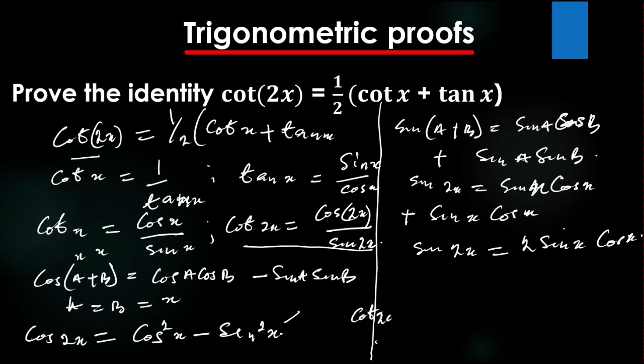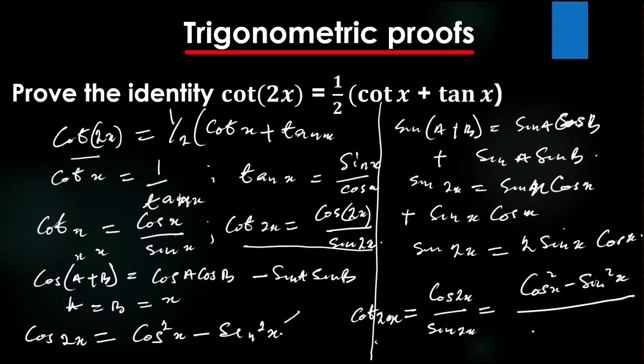Cot 2x is the same thing as cos 2x over sine 2x, and this is the same thing as cos squared x minus sine squared x over 2 sine x cos x. Now this is the first thing.